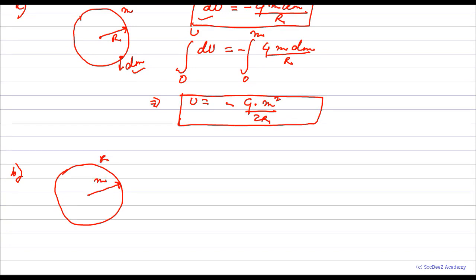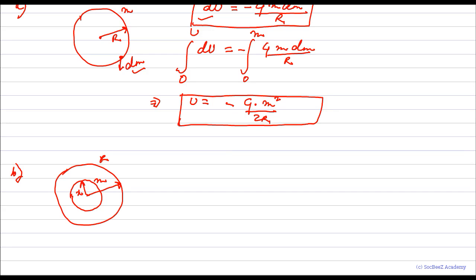Now this sphere can be thought of as being composed of infinite thin shells. Like if I consider this particular shell of radius x and mass dm, this whole sphere is made up of these shells of different radii.